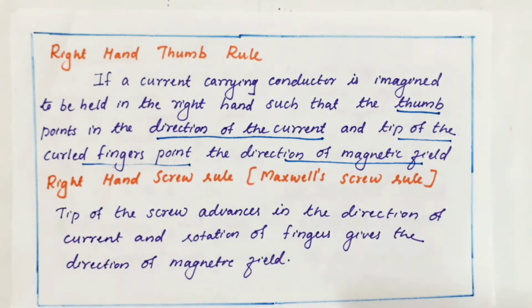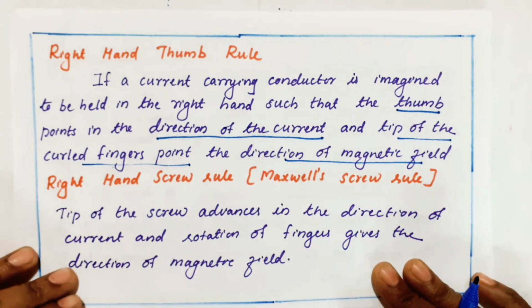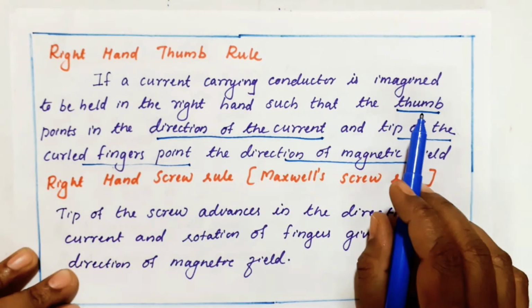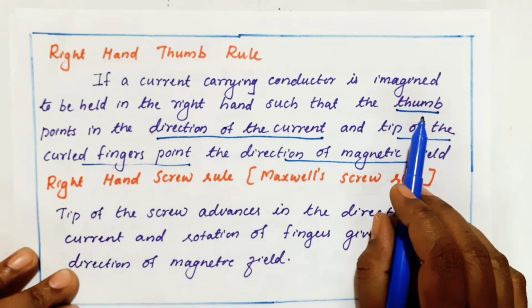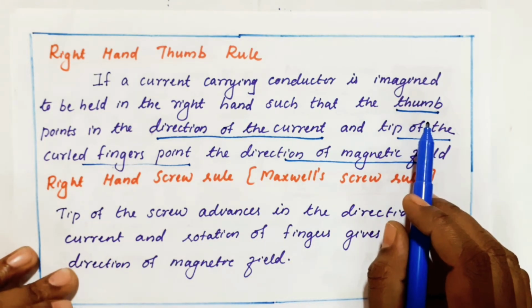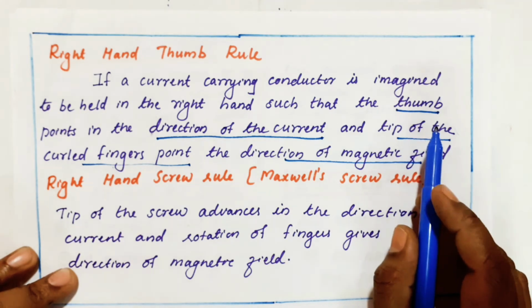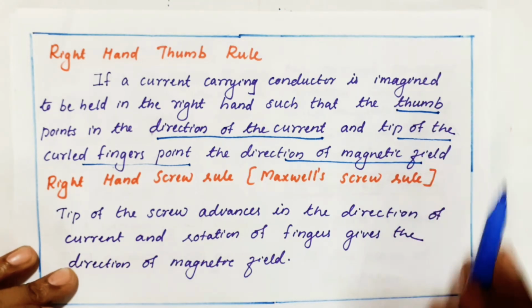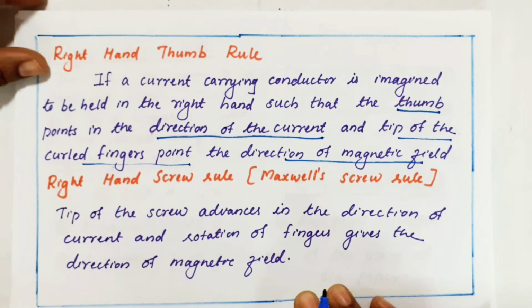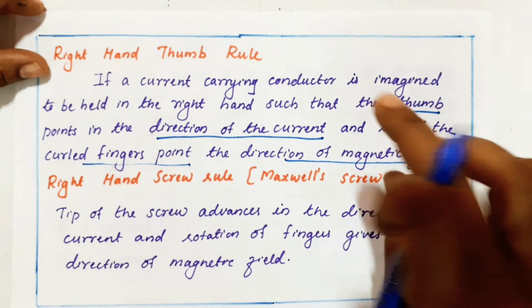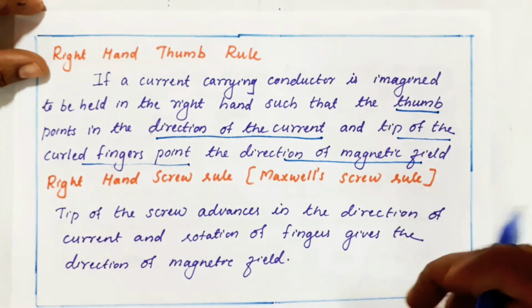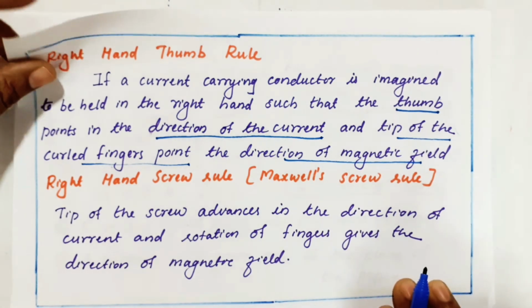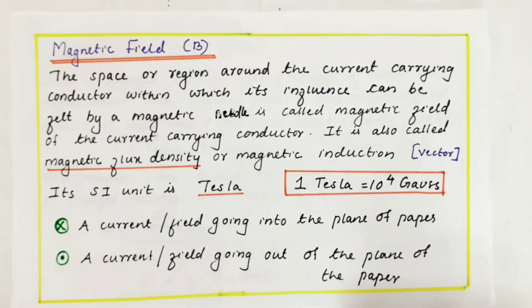So these are the two rules we use to find the direction of current and magnetic field. First, if you take your right hand, the thumb points in the direction of current and the fingers show the direction of magnetic field. According to the screw rule, the tip of the screw advances in the direction of current, whereas the rotation of the fingers of the right hand screw gives the direction of magnetic field.